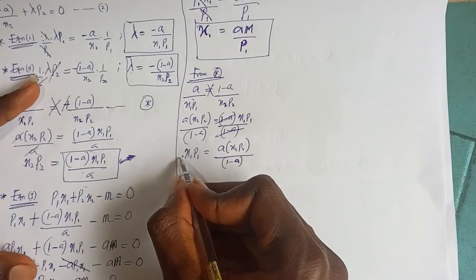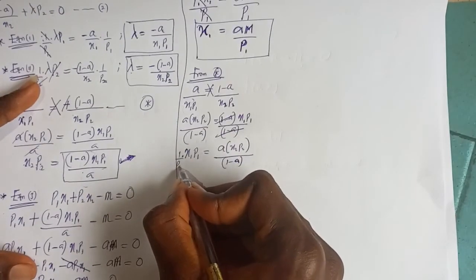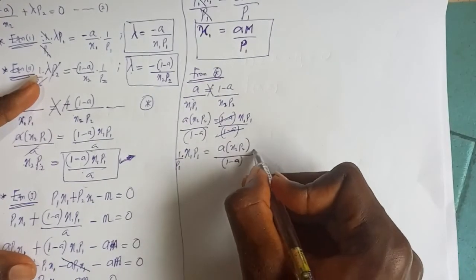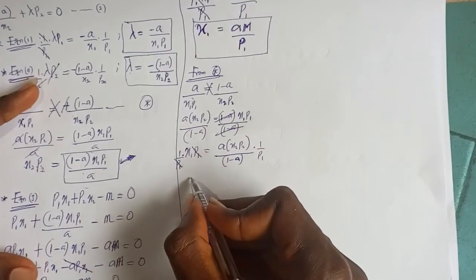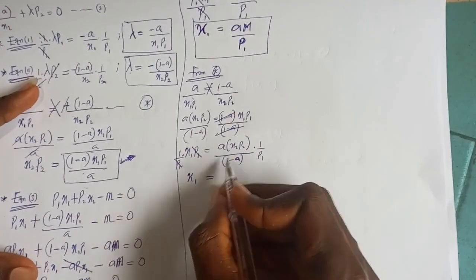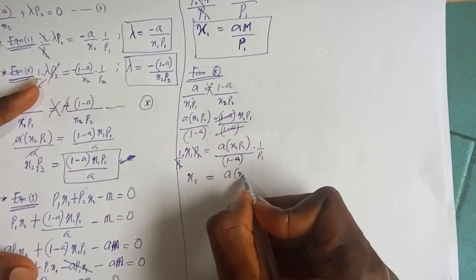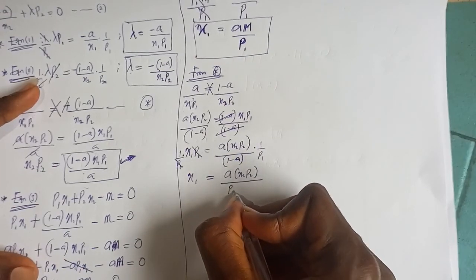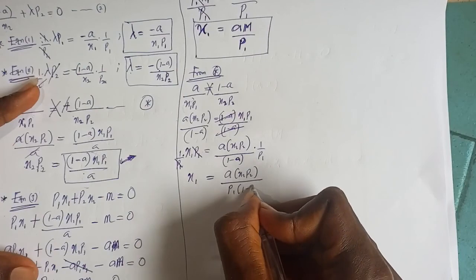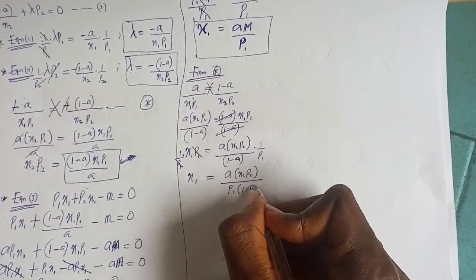So I'll multiply both sides by 1 over p1 so that this can easily cancel. Whatever I have left now should be x1 equals a of x2 p2 all over p1 of 1 minus a.